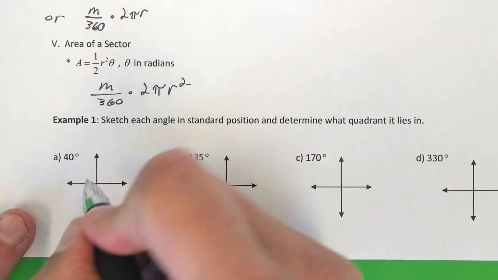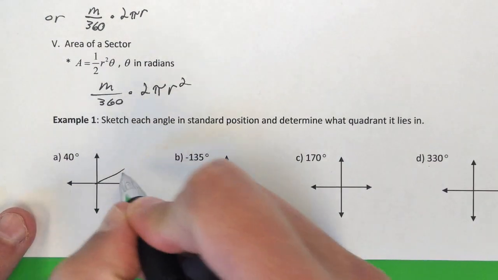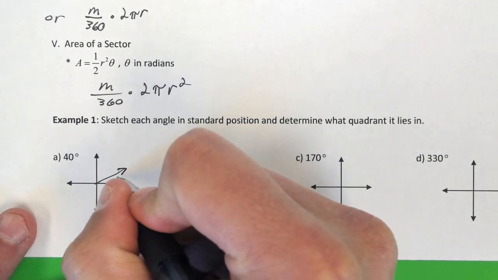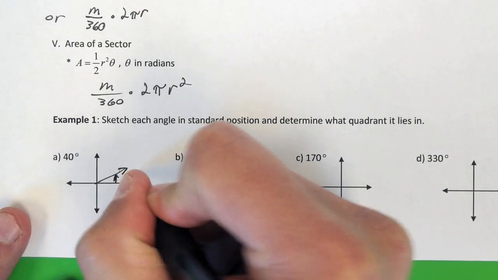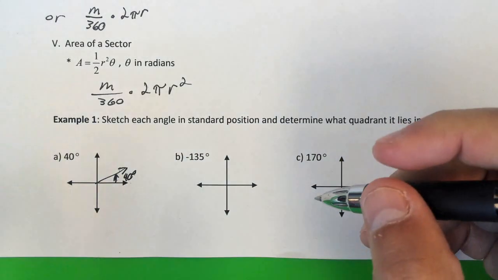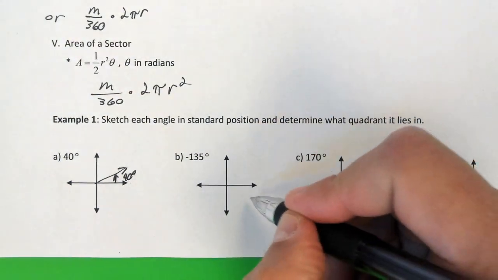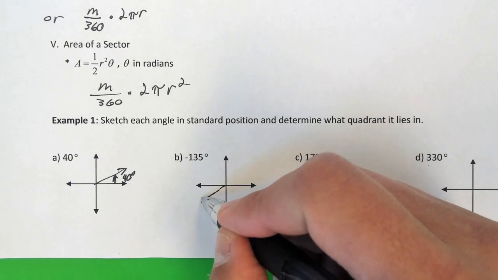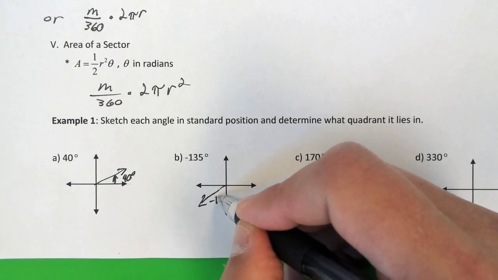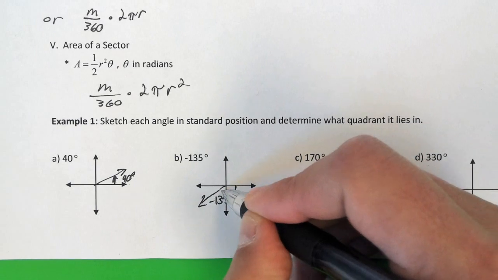So 40 degrees, we are starting from the x-axis, we go counterclockwise, and this angle is 40 degrees. Right? Negative, I'm going to start at the x-axis. I'm going to work the other way to negative 135 degrees. Right?